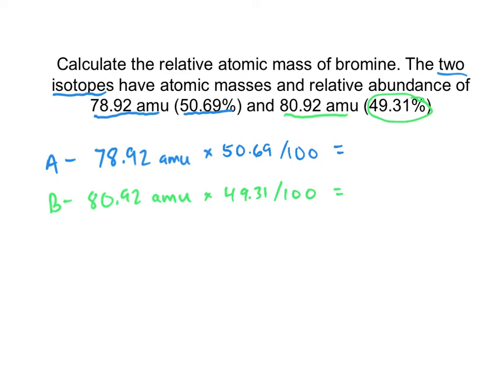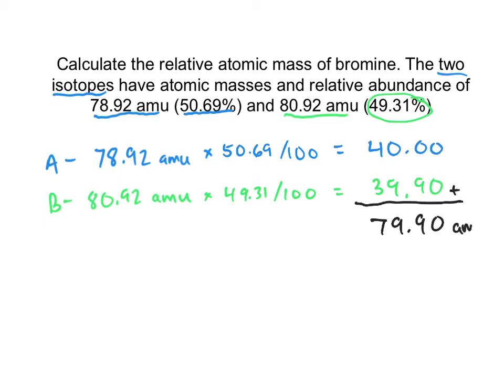Well, if I went ahead and calculated this, the answer for the top one comes out to be 40.00. The answer for the bottom one comes out to be 39.90. You add these together, you get 79.90. And this is in AMUs, because it's a mass.